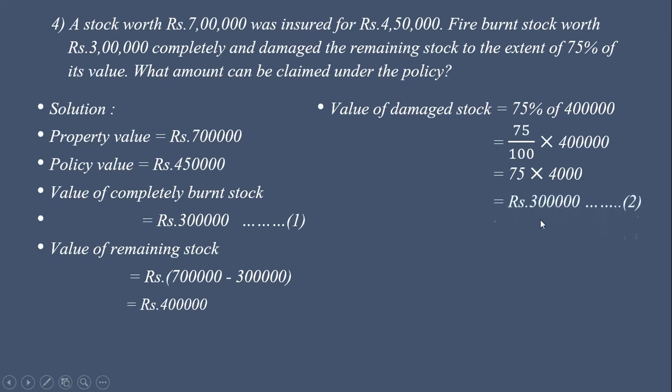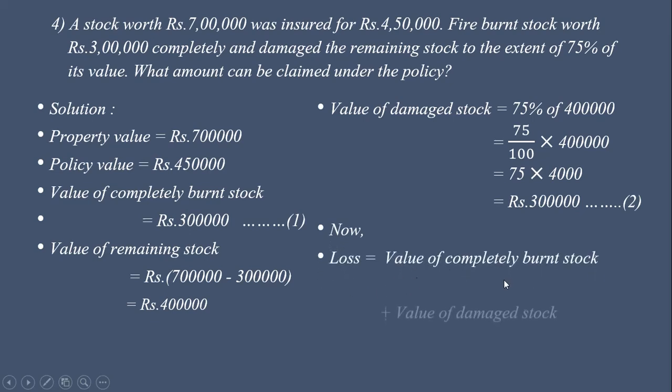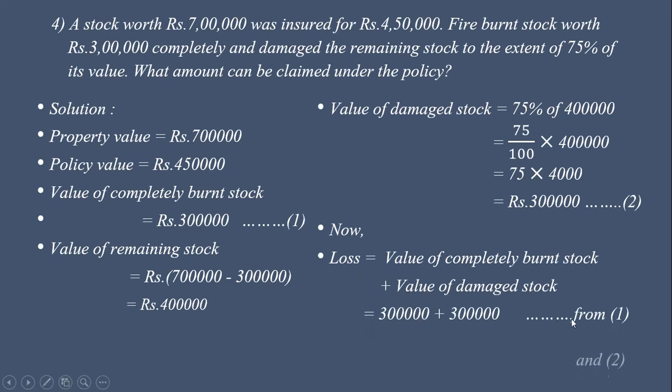It is equal to rupees 3 lakh, relation number 2. So we get completely burned stock of rupees 3 lakh and value of damaged stock is rupees 3 lakh. So we get loss is equal to value of completely burned stock plus value of damaged stock. So addition of these two gives the total loss. So it is 3 lakh plus 3 lakh from relation number 1 and 2. So we get loss is equal to 3 plus 3, 6 lakh.